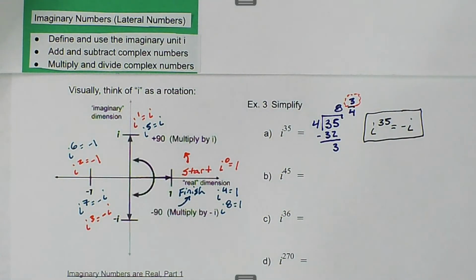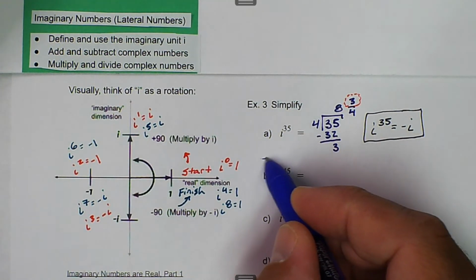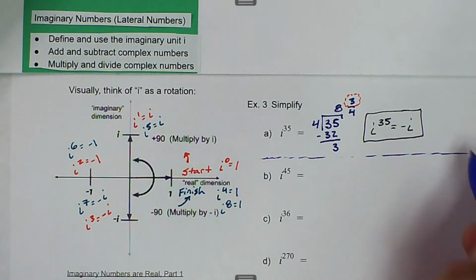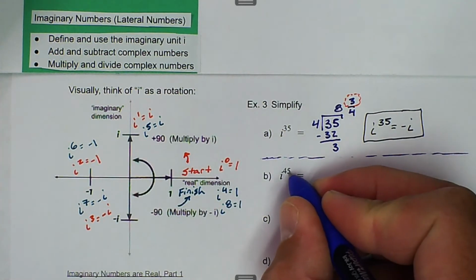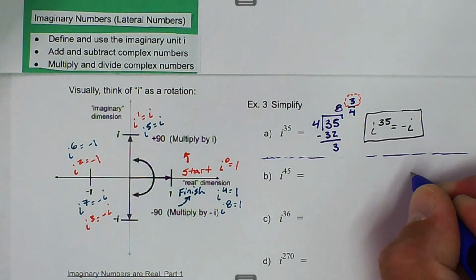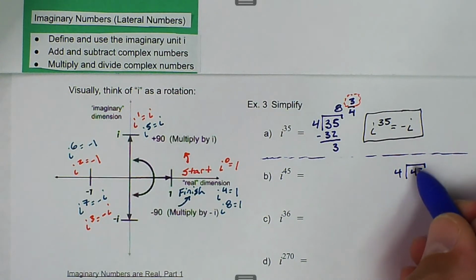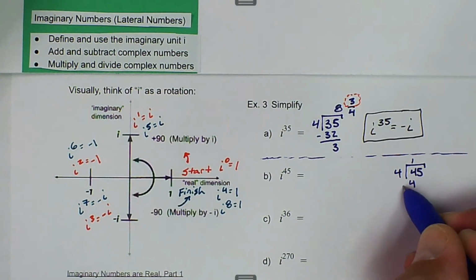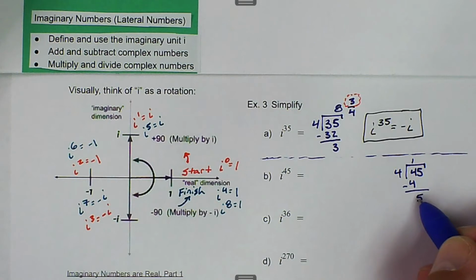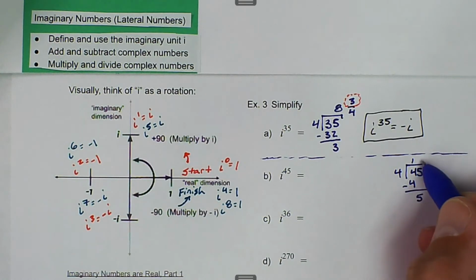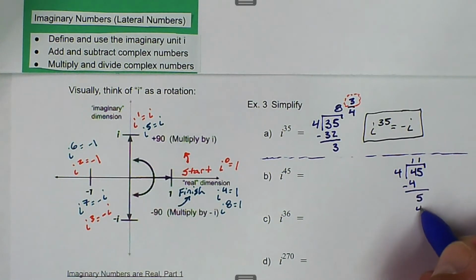We can do the same thing for i to the 45th power. So I'm going to take the exponent, which is 45, and divide it by 4. 4 divided by 4 is 1. Bring down the 5. 4 only goes into 5 once. So we have 1 left over.